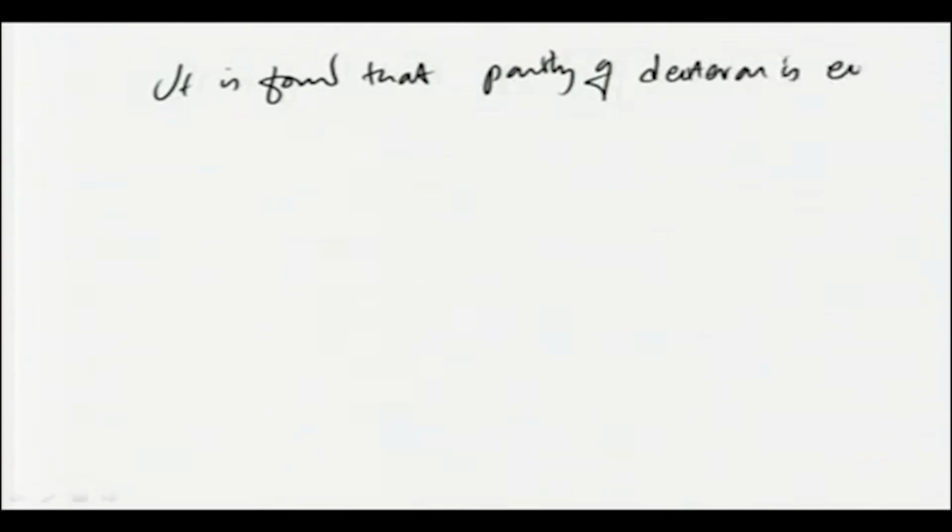So, it is found that the parity of the deuteron is even. Now, there is another point here, that is how parity is related to the orbital angular momentum. So, the relation between parity and orbital angular momentum.